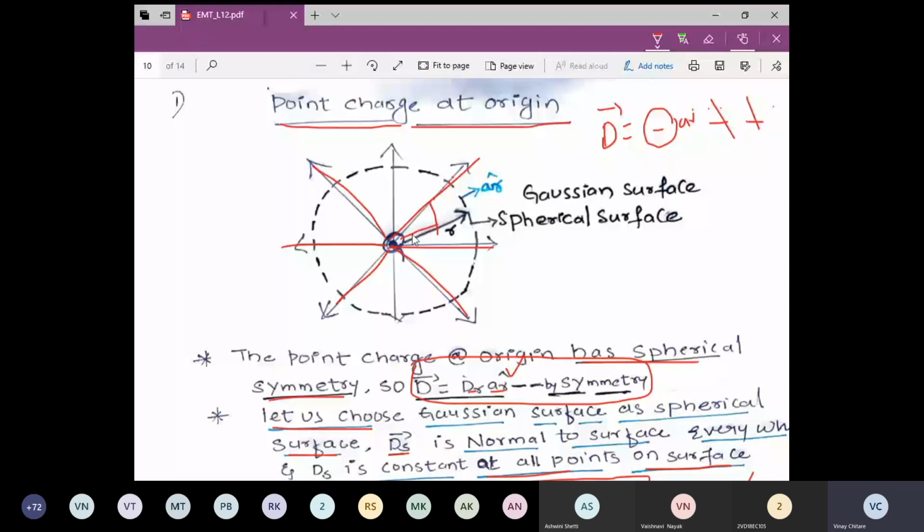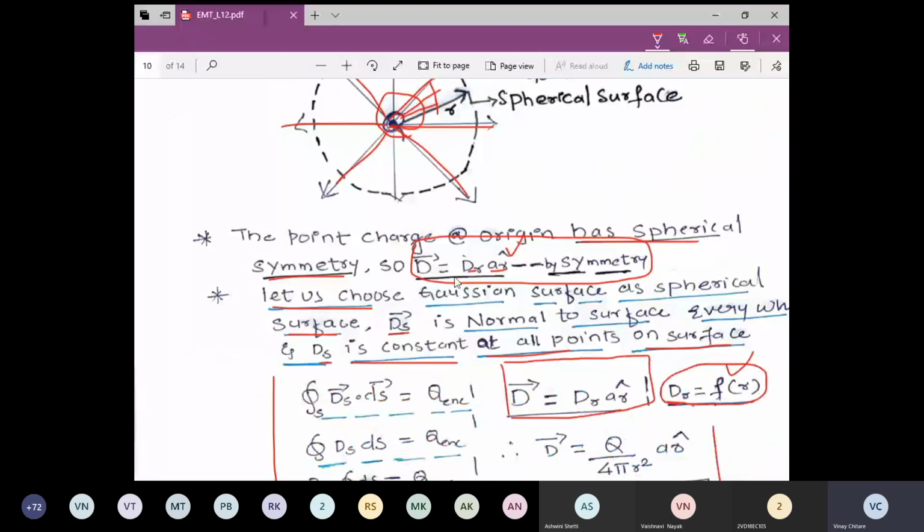This is the force per unit charge. So it means that it is not a function of theta or phi; it is a function of r alone. That is why I say that D is D_r a_r hat by the symmetry.